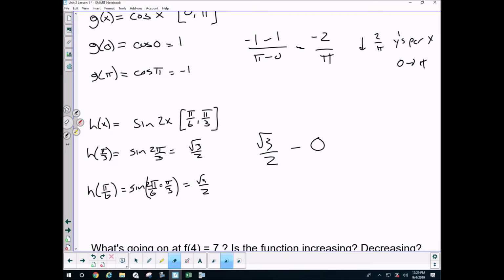This is just 0. I have not increased nor decreased over my interval.